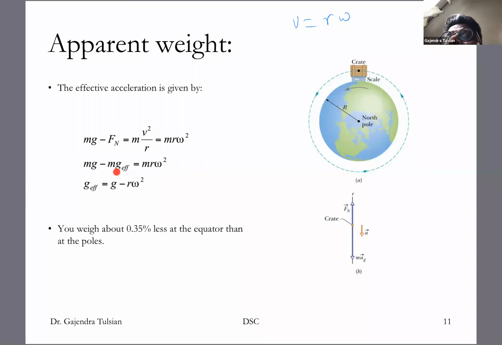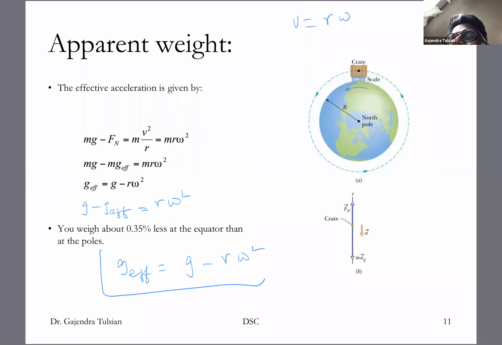Okay, so the mass cancels. So let me go ahead and do this. So g minus g effective, I'm solving this equation, canceling the mass, is r omega squared. And so g effective, your apparent acceleration due to gravity, is that.